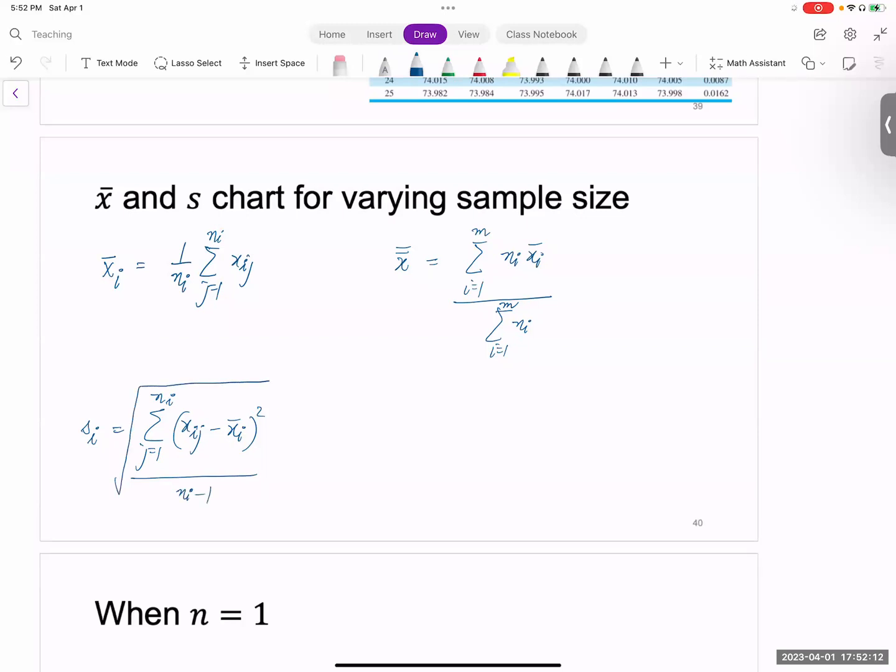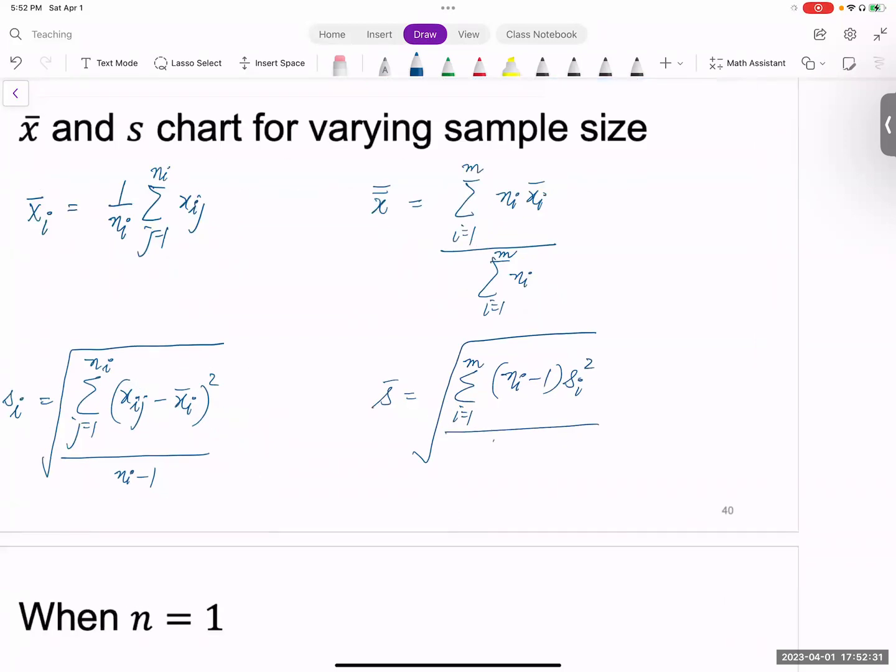Then you compute S bar equal to the square root of the summation of Ni minus 1 times Si squared, i equal to 1 to M, divided by summation of Ni, i equal to 1 to M, minus M.